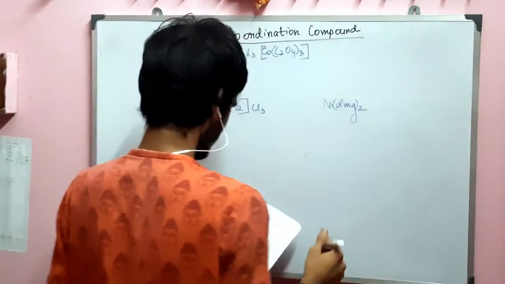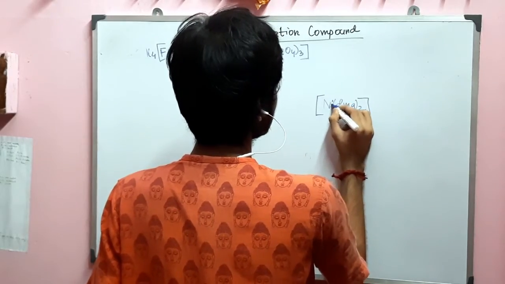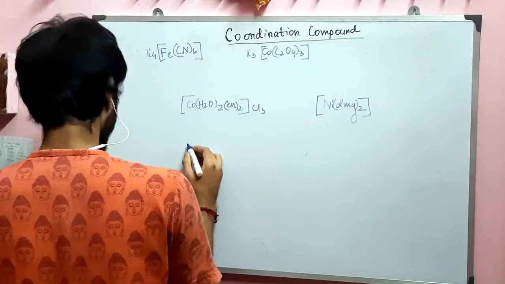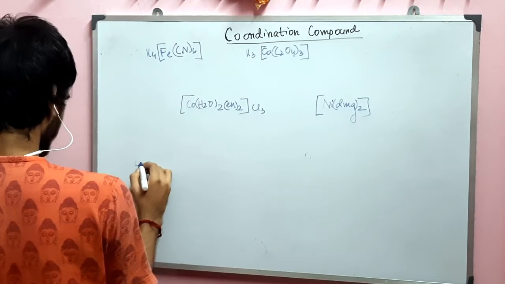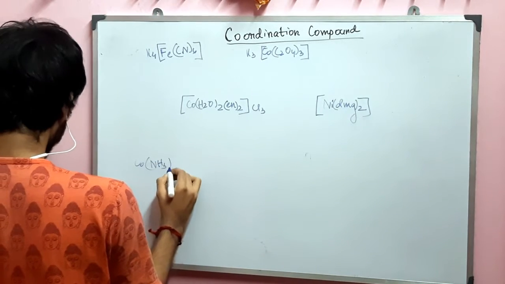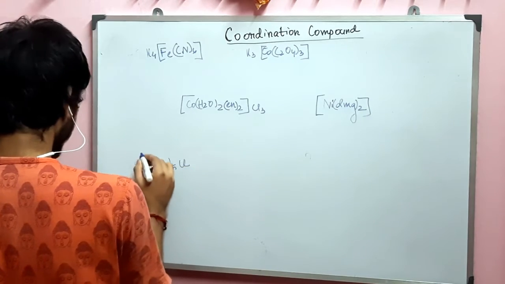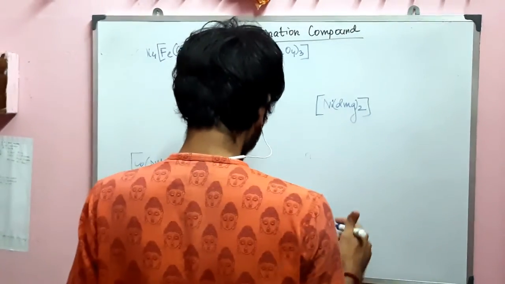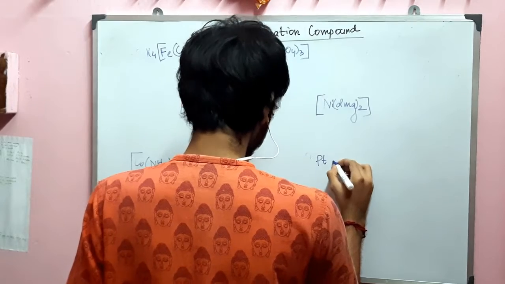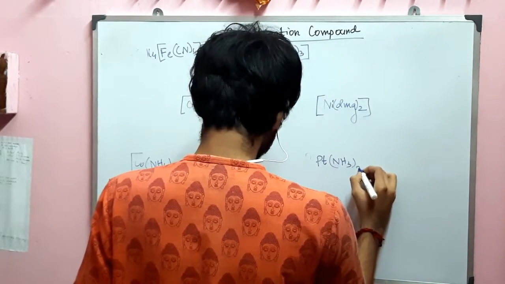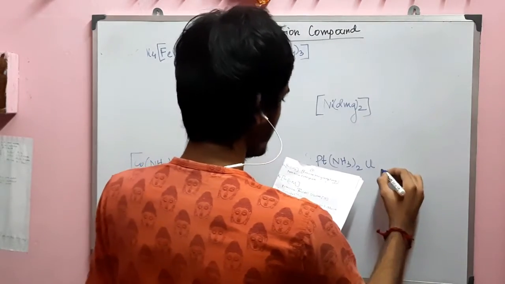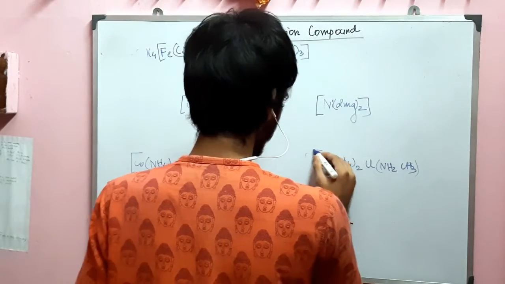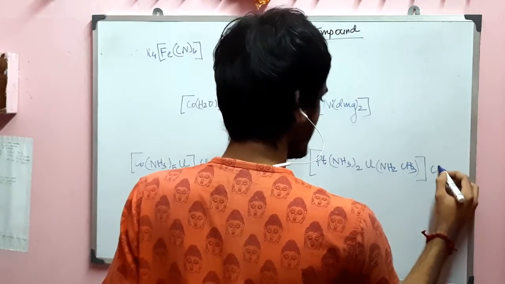Then Ni(DMG)2, and then [Co(NH3)5Cl]Cl2. Then [Pt(NH3)2Cl(NH2CH3)]Cl, with the Cl outside.